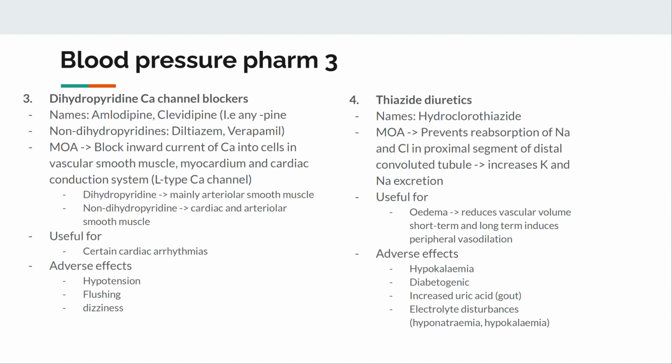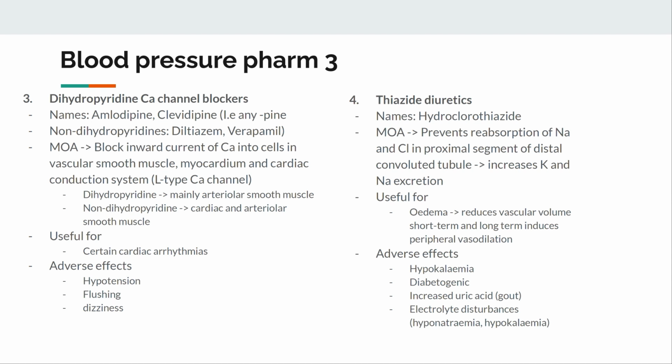Your dihydropyridine calcium channel blockers mainly work on arteriolar smooth muscle, meaning your peripheral vasculature. The non-dihydropyridines work on both cardiac and arteriolar smooth muscle, meaning that it works at both a cardiac level and also the peripheral vasculature. So that's something just to flag, that's why there's two different types.